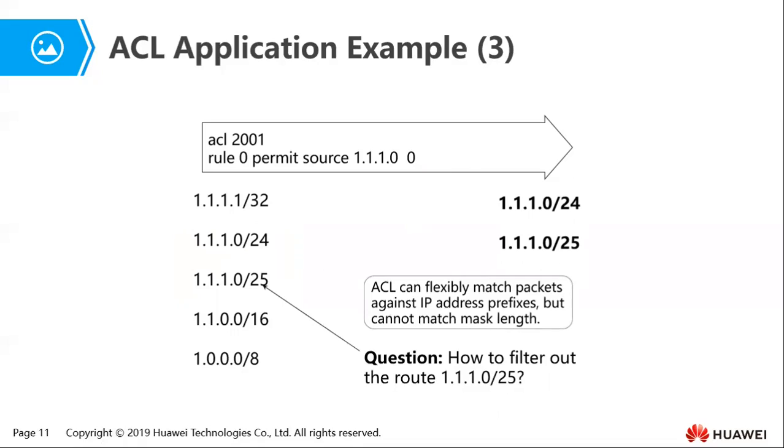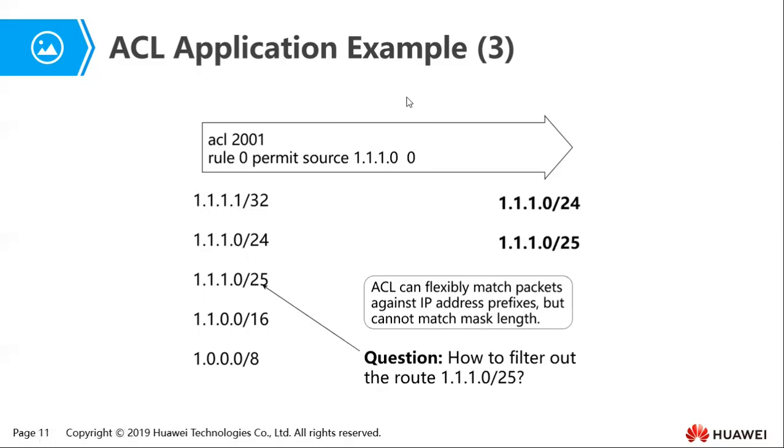But now, what happens if we want to filter out the route 1.1.1.0/25? How can we do that? ACL can flexibly match packets against IP address prefixes, but cannot match the mask length.